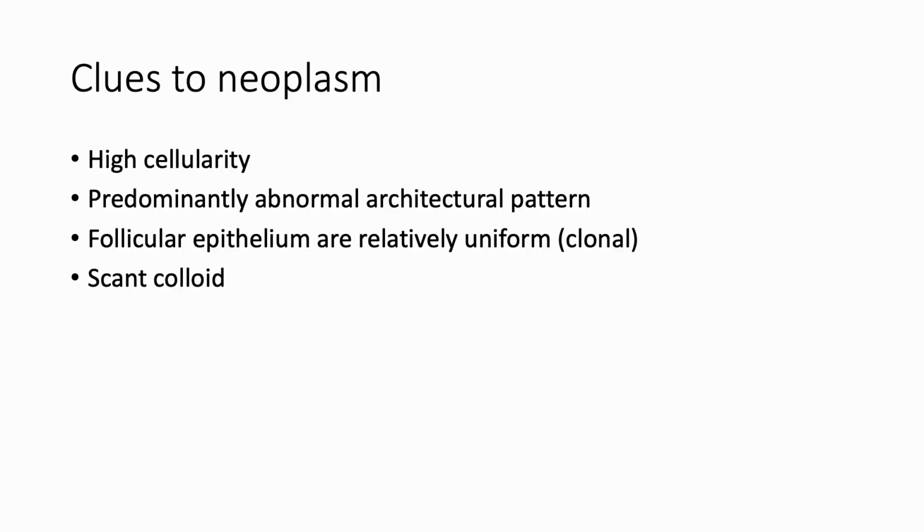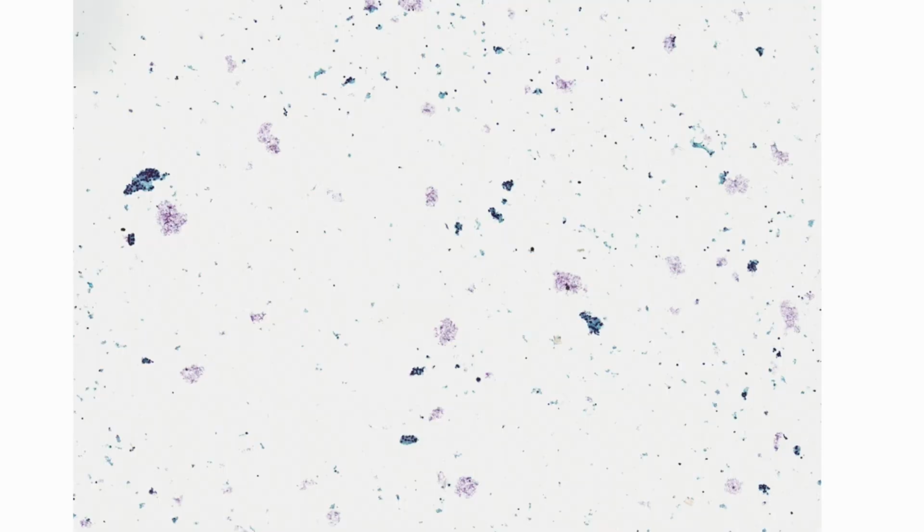Clues that point toward a follicular neoplasm include high cellularity with a predominantly abnormal architectural pattern, such as microfollicles, trabecular arrangements, and complex three-dimensional structures. The follicular cells and their growth patterns tend to be uniform, and there's usually scant colloid in the background. In this example, we see a moderately cellular aspirate at low power.